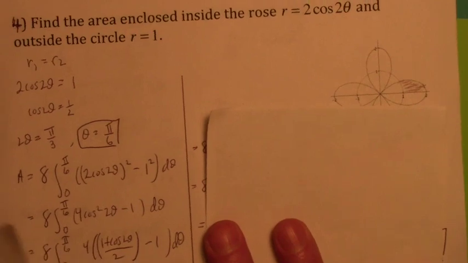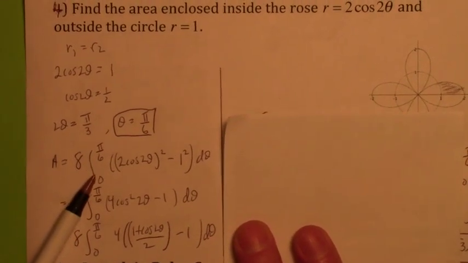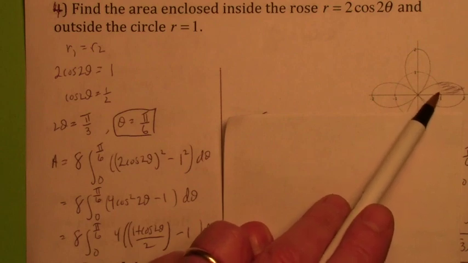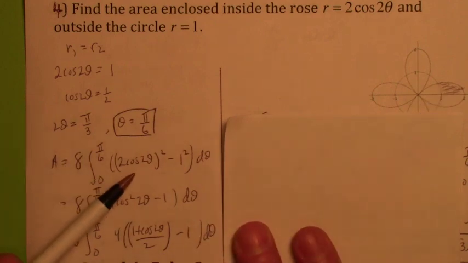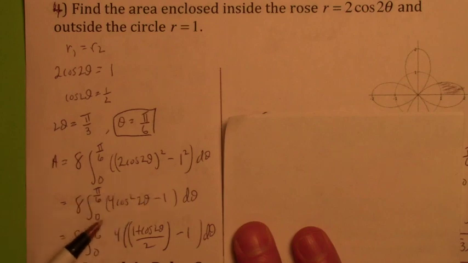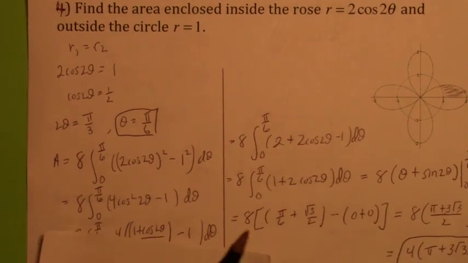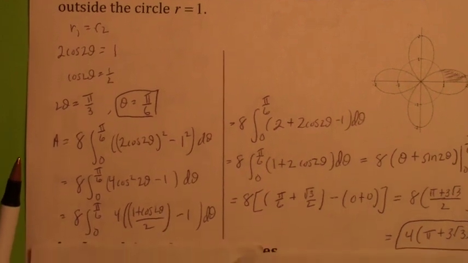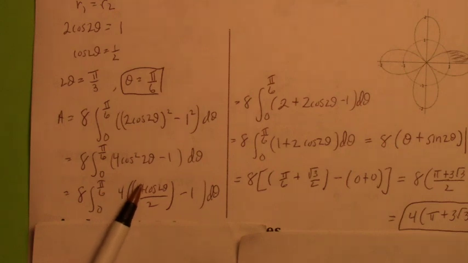I'm going to go 8 times the integral from 0 to pi over 6. That's going to give me that upper half of that petal of outer squared minus inner squared: 2 cosine 2 theta squared minus 1 squared. Anyway, like I said, the hard part is probably the stuff from Math 152. Isn't this Math 152 type stuff? Multiply it out carefully and combine.